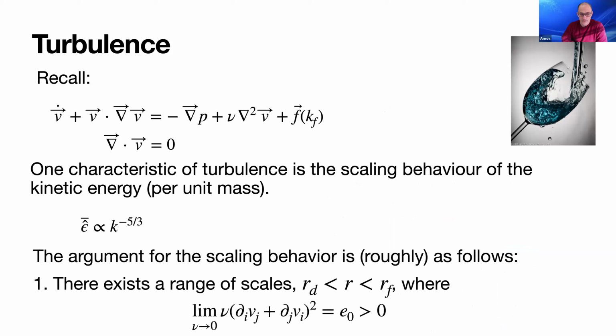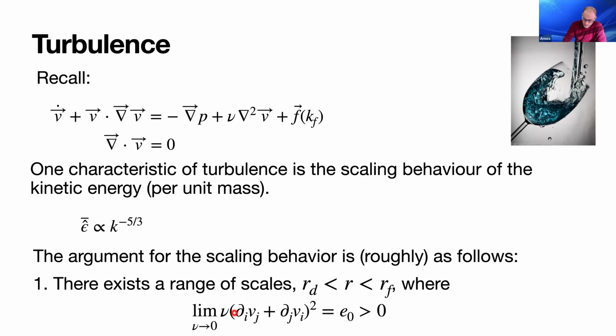So the argument is roughly as follows. The first thing that we say is that there exists a range of scales, which is the inertial range, where the limit when the viscosity goes to 0 of this quantity is non-zero. This isn't the way Kolmogorov originally stated his argument, but this is the modern way of presenting it.